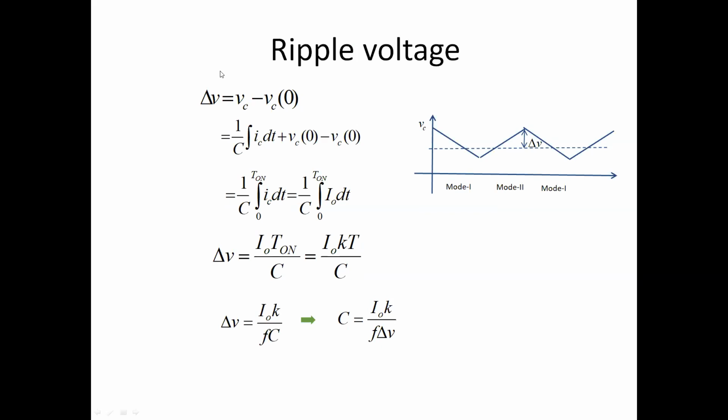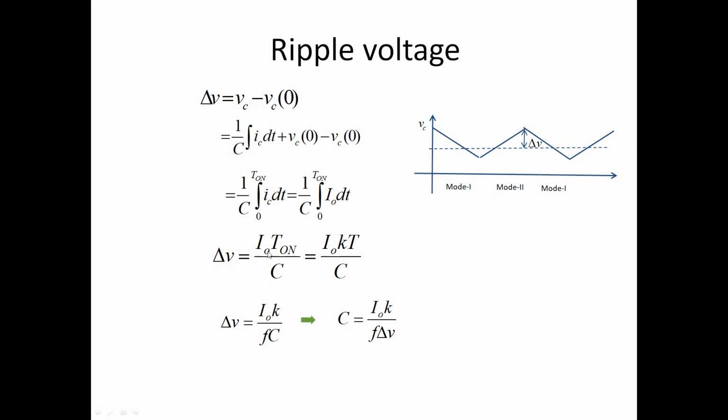Now, the ripple voltage can be found as del V is equal to Vc minus Vc of 0, which is equal to 1 by C integral Ic dt plus Vc of 0 minus Vc of 0. We can integrate this Ic during the on period, and during the on period, we know that the magnitude of Ic is I naught.